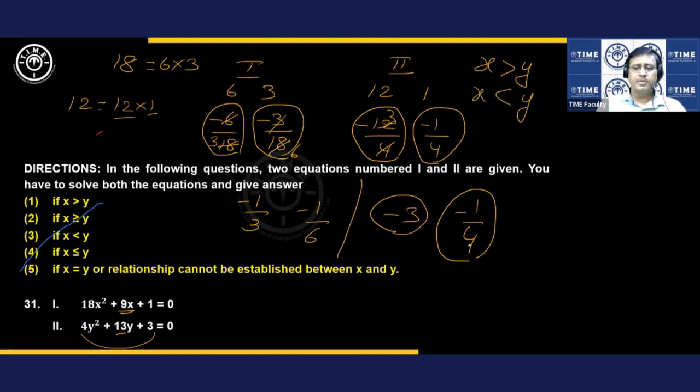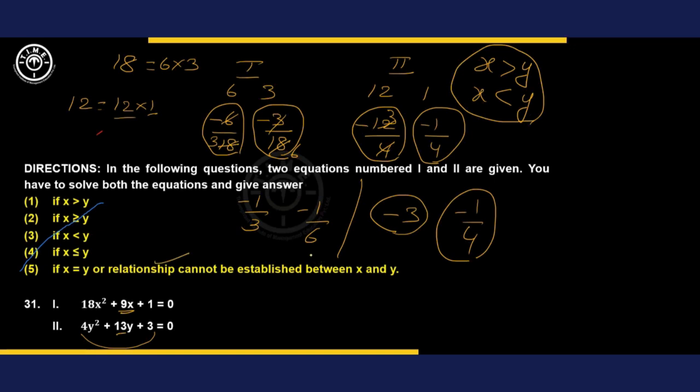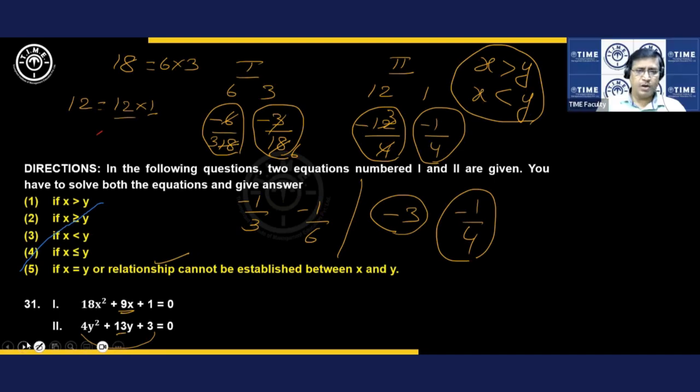Is minus 1 by 4 greater than minus 1 by 3 or less than minus 1 by 3? It is greater. Whereas here minus 1 by 6 is greater than minus 1 by 4. So one time it is greater, one time it is lesser. One time greater, one time less means a relation cannot be established. Option number 5. Okay.